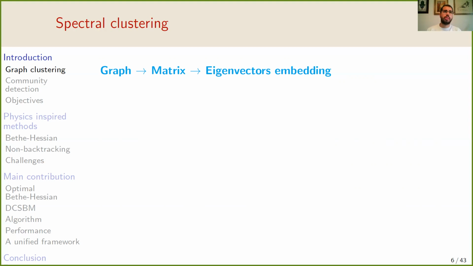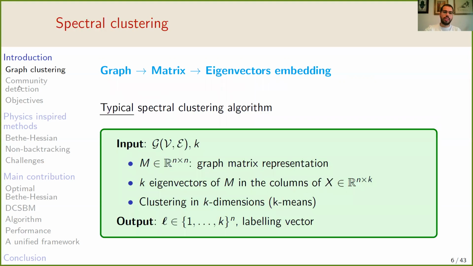What we do is we use the eigenvectors of this well-suited matrix to extract the node embedding, the node feature extraction. Now, the typical spectral clustering algorithm can be written in this form. I underline the word typical because not all spectral clustering algorithms can be written in this way. The ones we proposed are not written in this way, but this gives an idea of the procedure to follow.